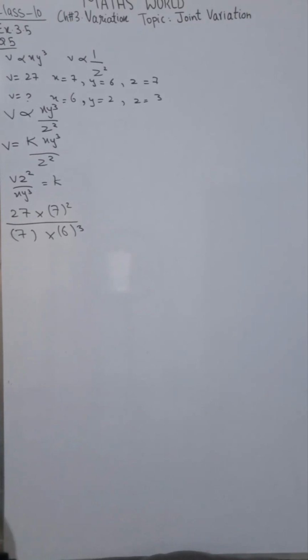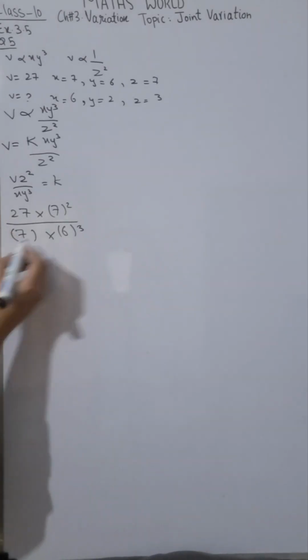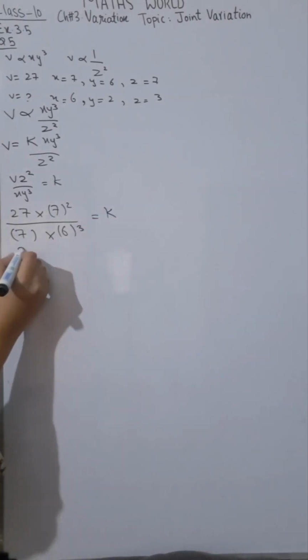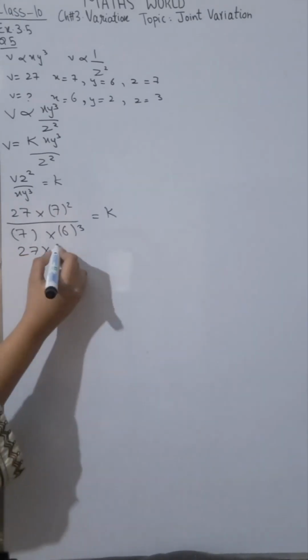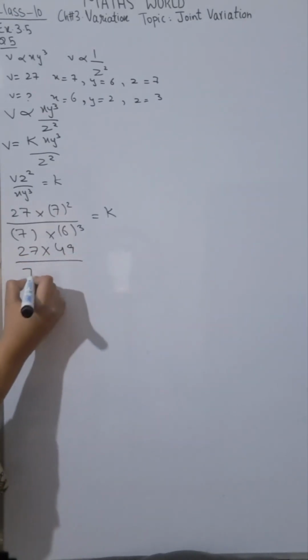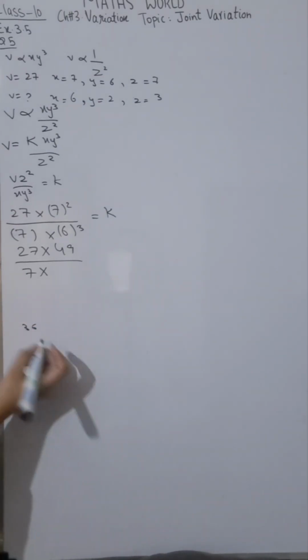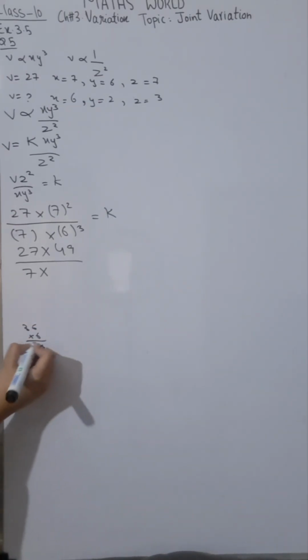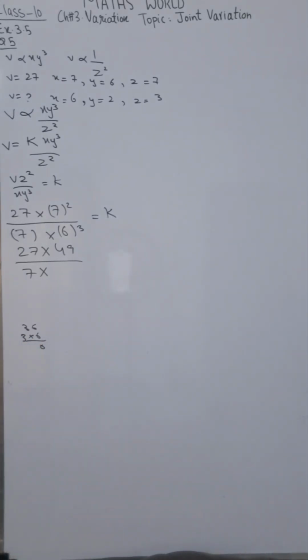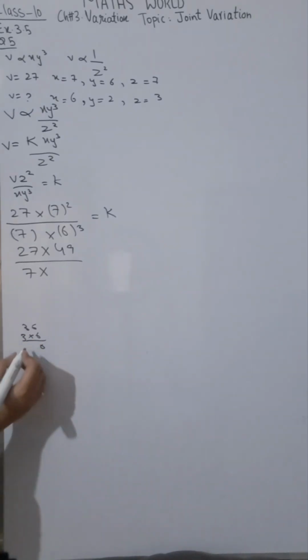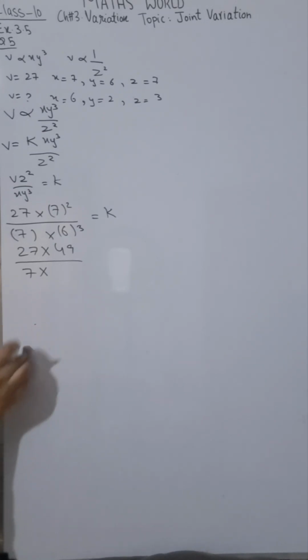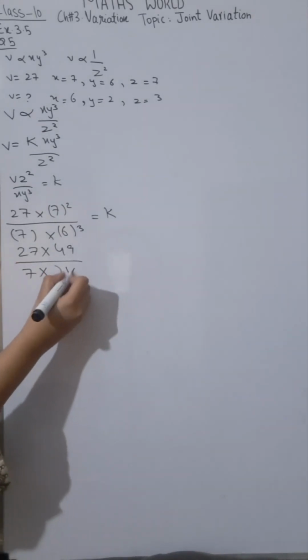So now if you write it equal to k: 27 multiplied by 49, over 7 into 6 cube. 6 6s are 36, and if you don't know, you can write it simply. I'm just doing this so that you may have the easy head techniques also.